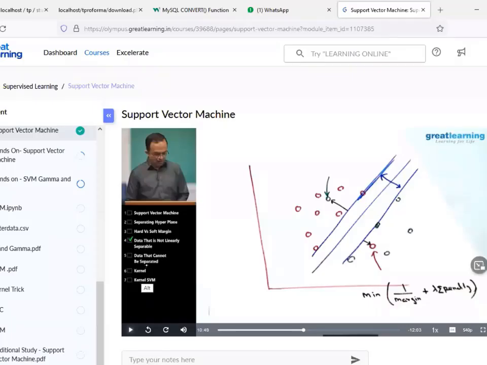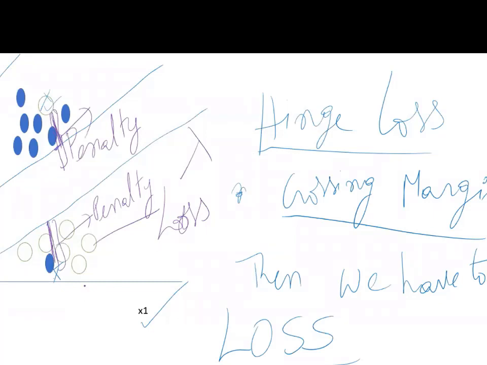Then how do we calculate now? See, for example, we will use this method, minimum of... One second. See, penalty means this will have some penalty, and this will have some penalty.